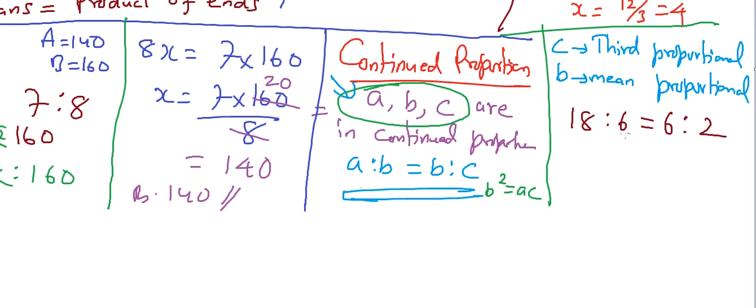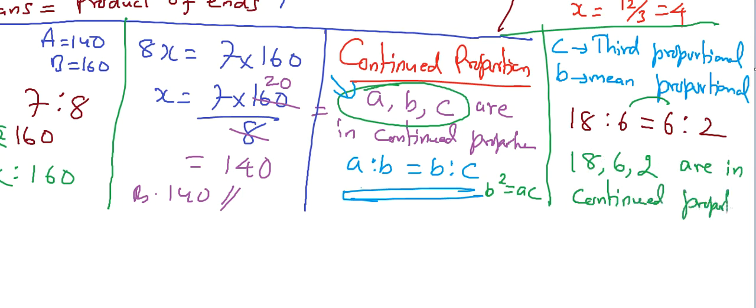So in this case, because 6 into 6 is 36 and 18 into 2 is also 36, you can say 18, 6 and 2 are in continued proportion, because the middle two numbers are the same.